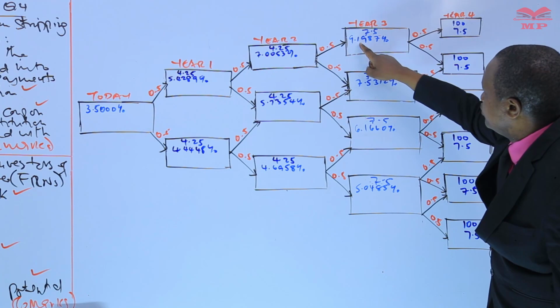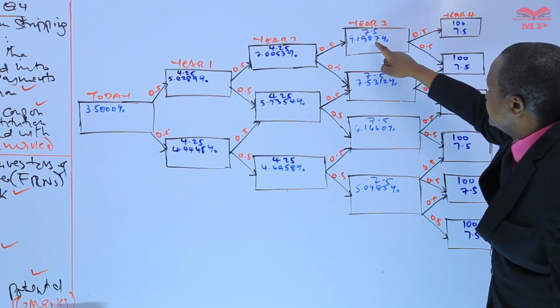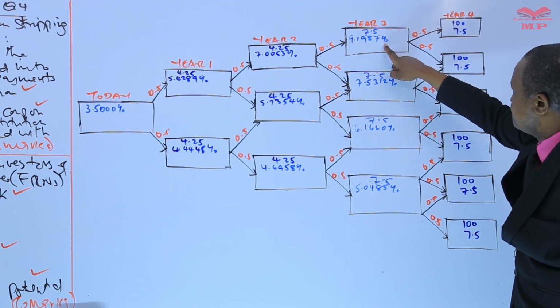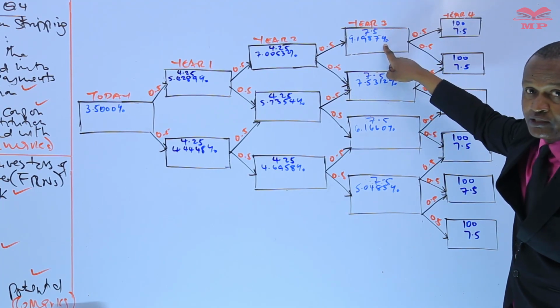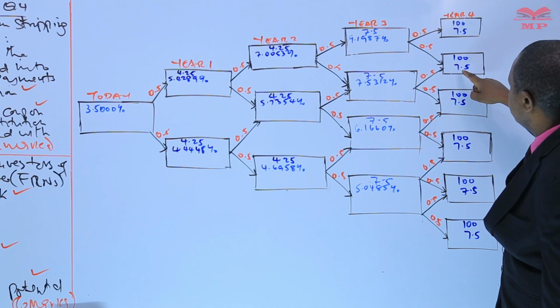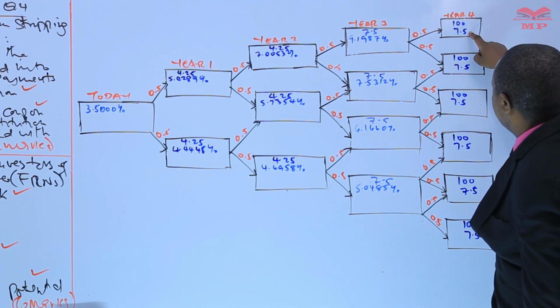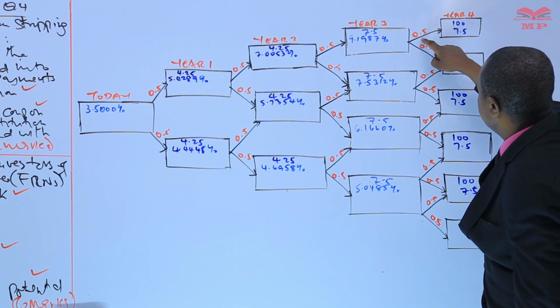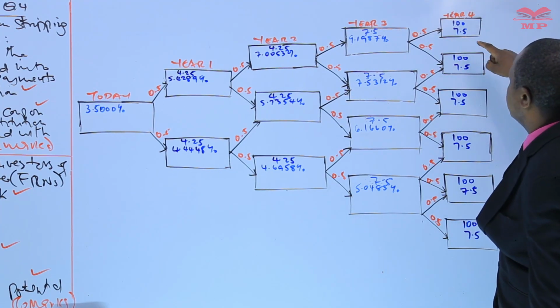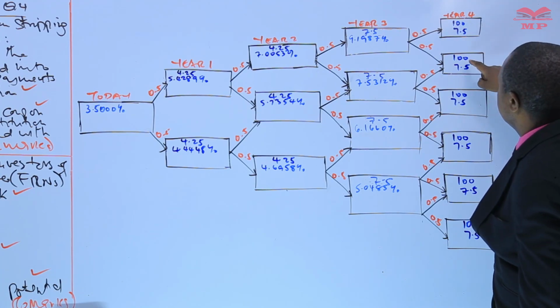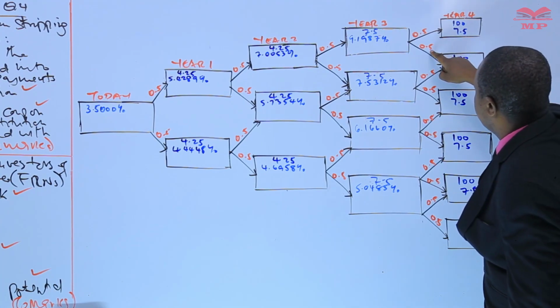using 9.1987% as a discounting rate. So I repeat, we're going to add 100 plus 7.5 times 0.5, plus 100 plus 7.5 times 0.5.